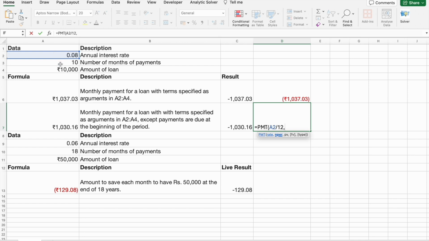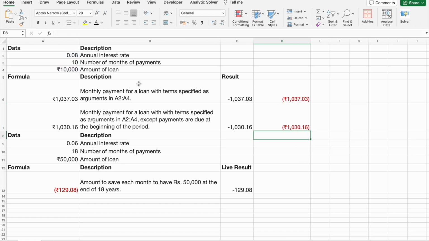Then we have a number of months of payments, which is 10. After that we have 10,000. So I'm not going to select the future value, and here I have to select 1 for beginning of the period. So here I got the value 1030.